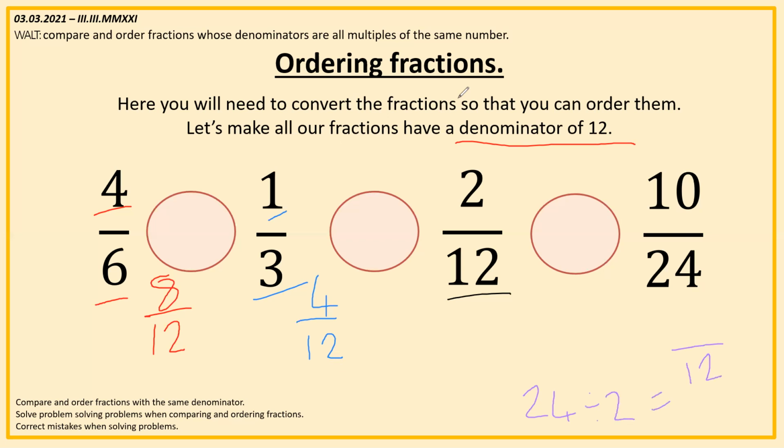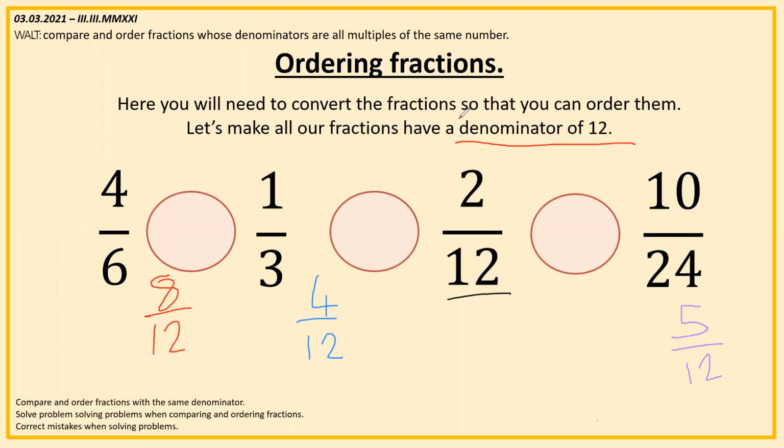If I'm dividing my denominator by 2, I also need to divide my numerator by 2. So 10 divided by 2 is 5. Now I have got all of my fractions as 12ths, with a denominator of 12. So now I can put them in order, using the greater than and less than symbol a little bit easier.